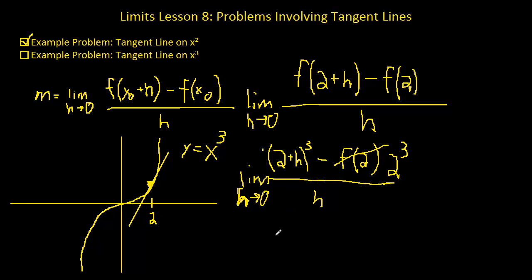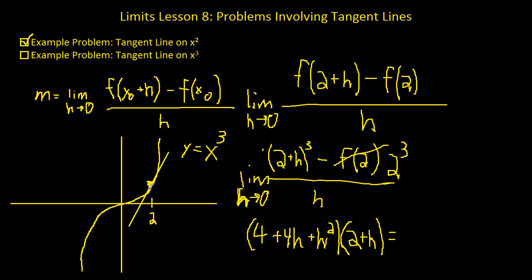So 2 plus h cubed, we're going to get 4 plus 4h plus h squared, like from before, but this time multiplied by another 2 plus h. So this is our 2 plus h squared expanded, multiplied by one more.